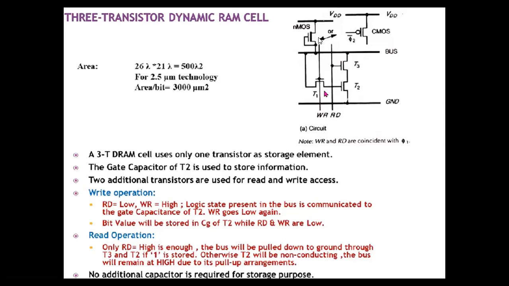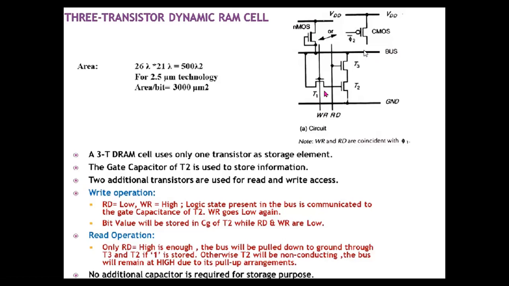Why? Because this transistor will always be on. Always on means this can act as an active switch, hence VDD will be on the bus.